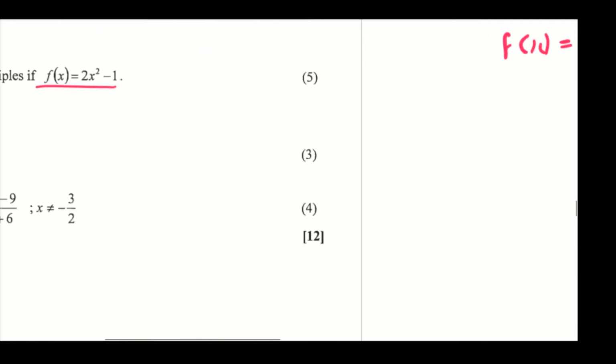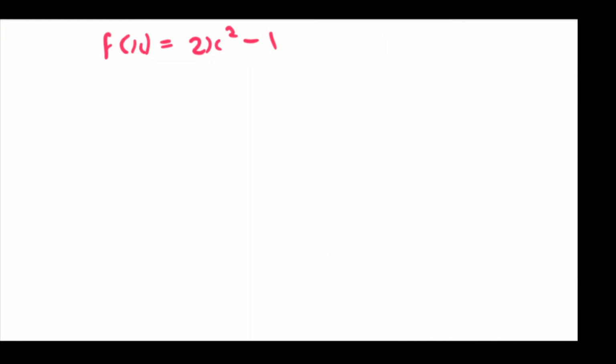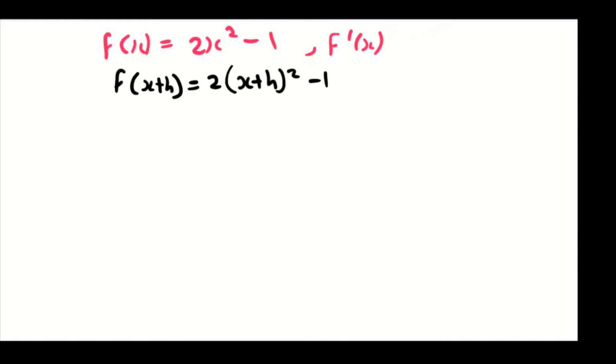Let me see if I wrote it nicely. Yes. So we want to find f prime of x, right? So the first thing we're going to do is substitute f of x plus h in this equation. So it's going to be 2, where there's x we put x plus h squared minus 1.